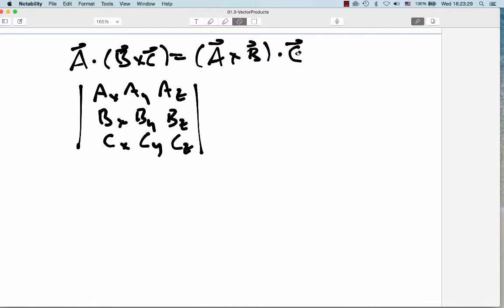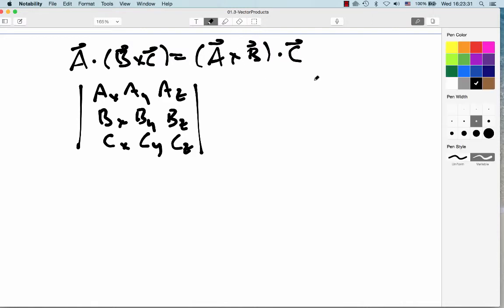Now to get this A cross B dot C would be the same difference as C dot A cross B, because the dot product commutes. Now I can't flip the order of the A cross B. That won't go.